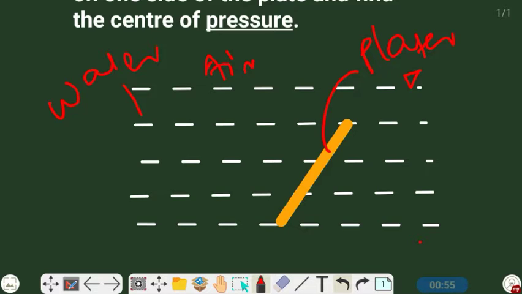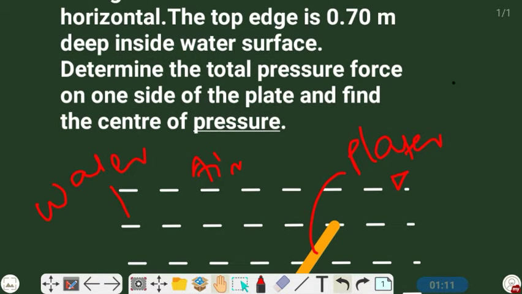In this question, the questioner has asked us to find the hydrostatic force on one side of the plate.